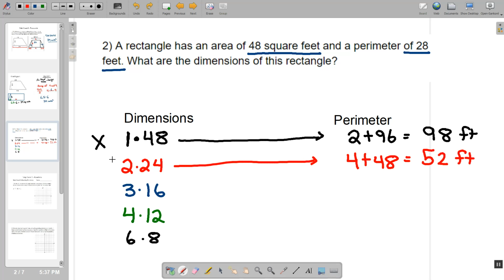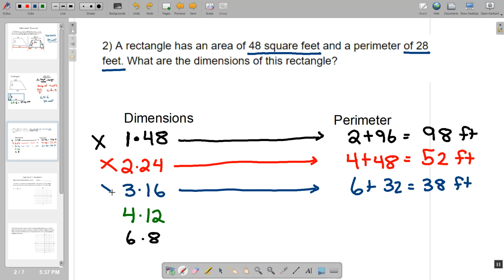Once again, not possible. 3 times 16 would be 6 plus 32, which is equal to 38 feet. Not correct. 4 by 12, that would be 8 plus 24. That's equal to 32 feet.